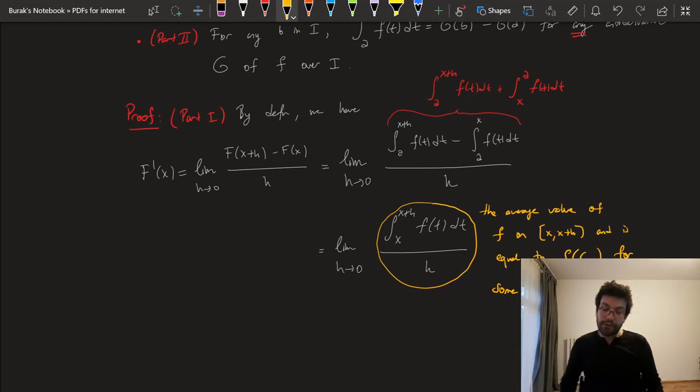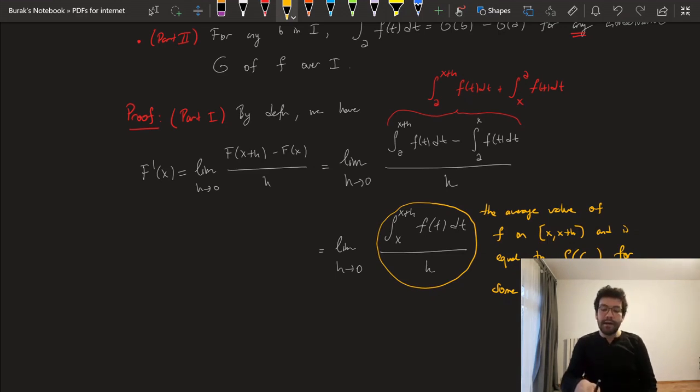Okay, so the mean value theorem for integrals tells you the following. If you compute the average value of a function over a closed interval, then there is a point in that closed interval which achieves that average value. And how do you find the average value of a function over an interval? You just take the definite integral of the function over that interval and divide it by the length.